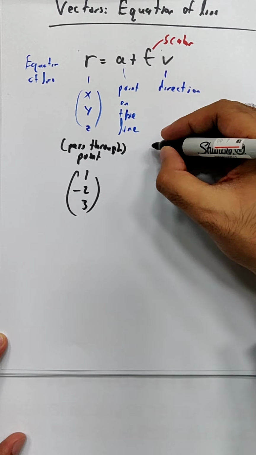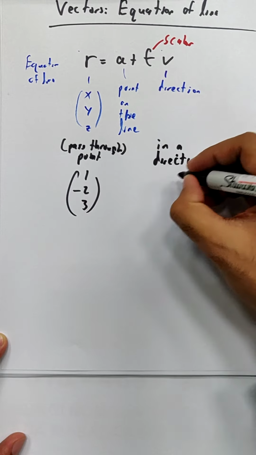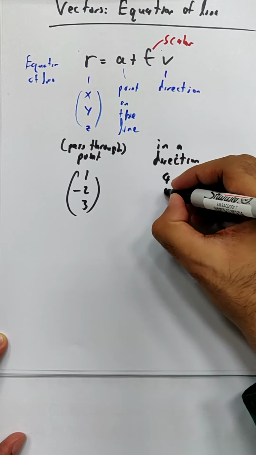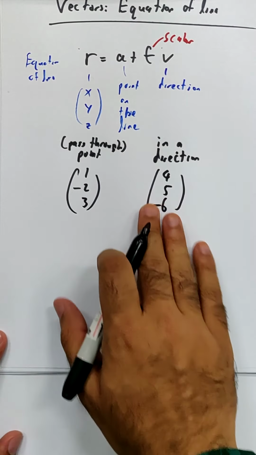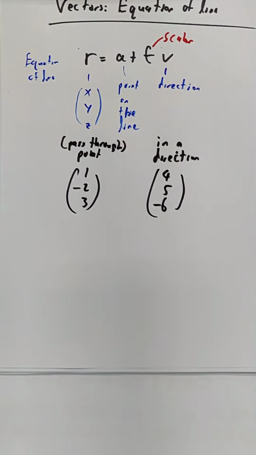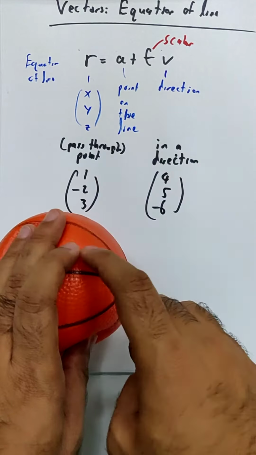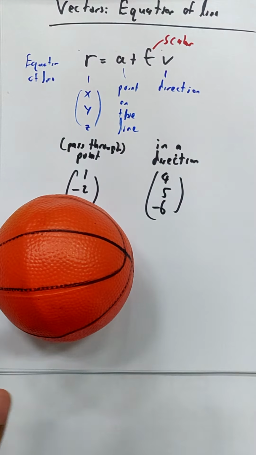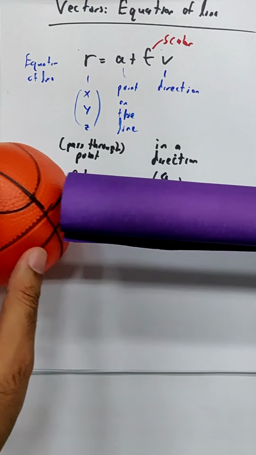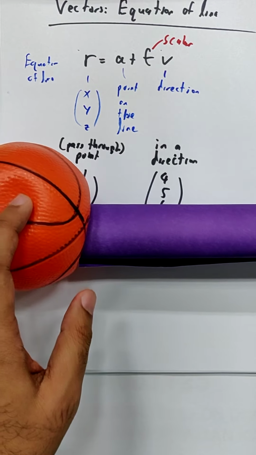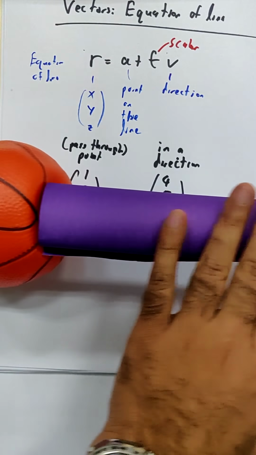Sometimes you can also say in a direction (4, 5, -6). So this is the direction. Let me visualize it for you. Let's say this is your point. It says here it passed through this point, and then it says it moved in this direction. Then it will be something like that. Right? For the equation of line, you want to have a point and you want to have a direction.